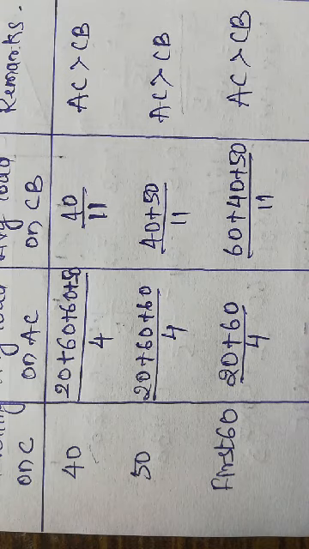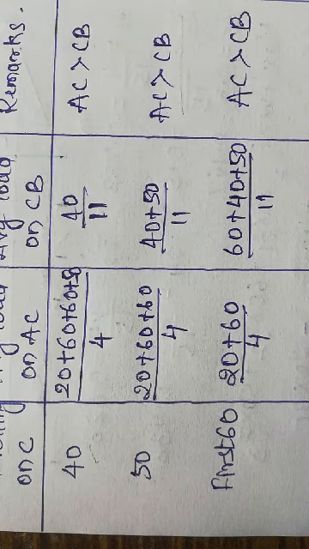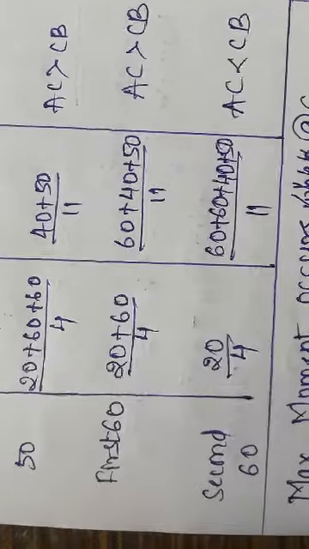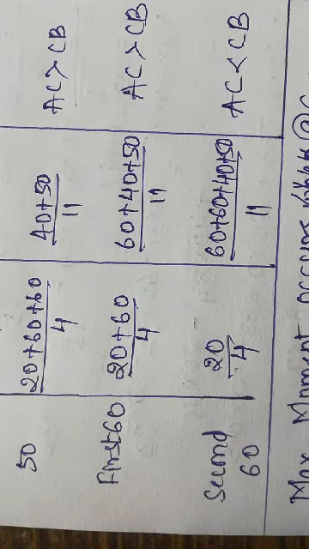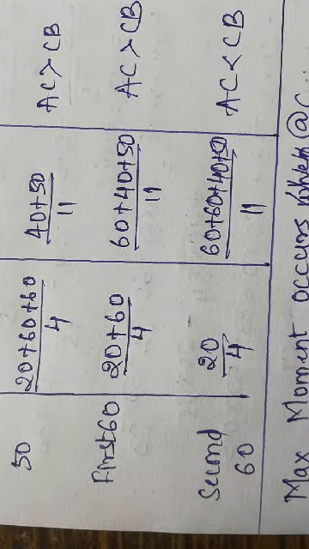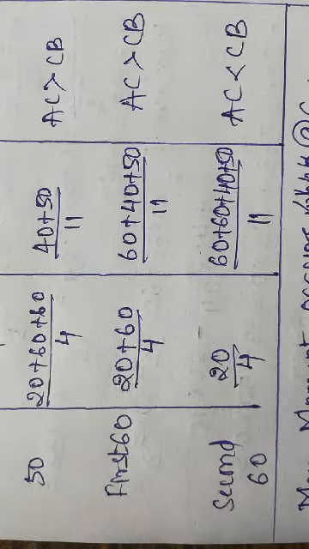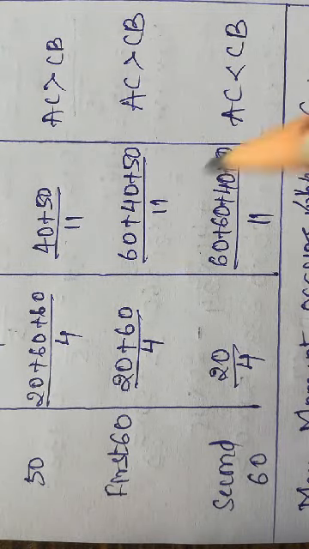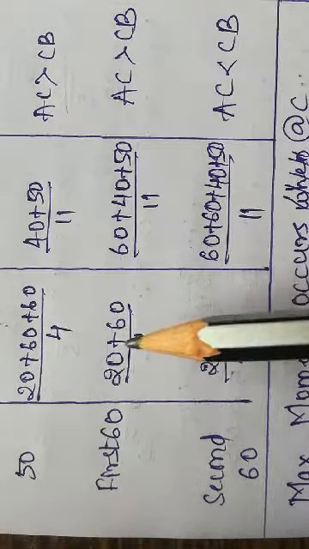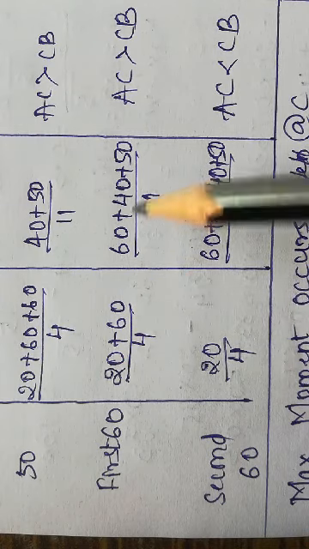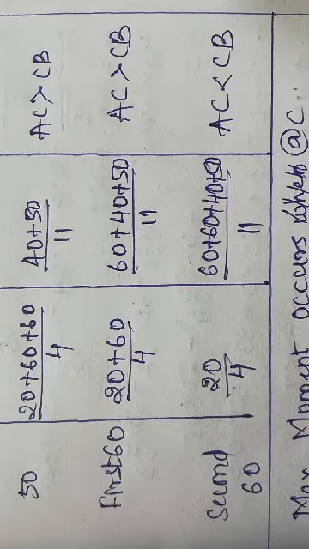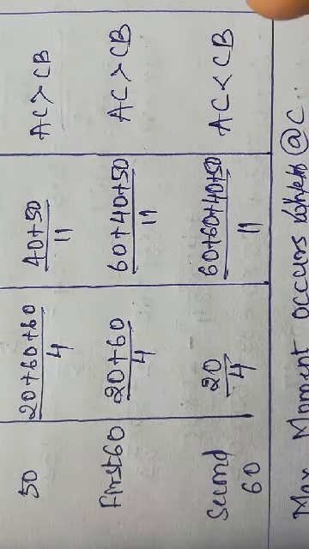Then we will allow the next 60 kilonewton to pass point C. This makes in CB section 3 loads, that is 60, 50 and 40. We will calculate these ratios. Once we calculate the ratio, we find out that AC is greater than CB.